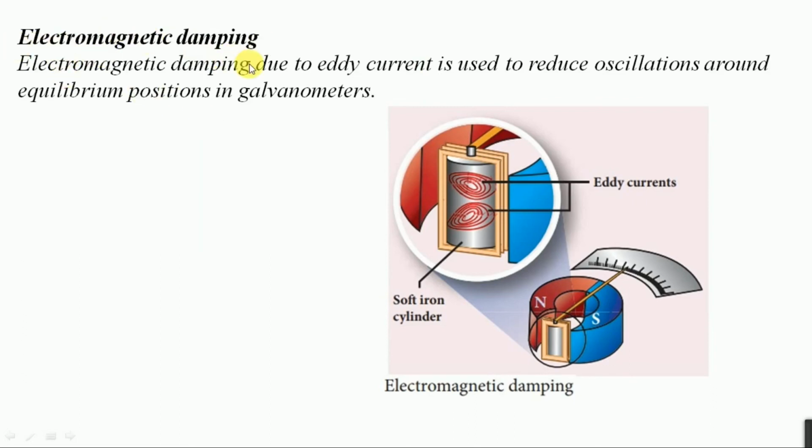That means it stops the oscillation of a metallic object. This electromagnetic damping is used in a galvanometer to stop the galvanometer at once. Due to electromagnetic damping, the pointer of the galvanometer comes to the zero position at once without oscillating, and this application is called deadbeat galvanometers.